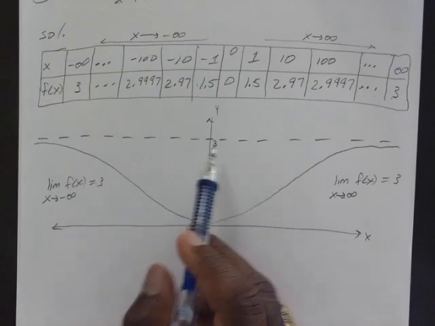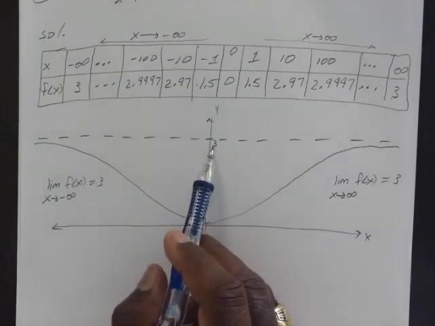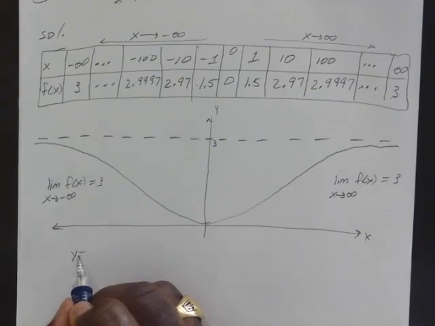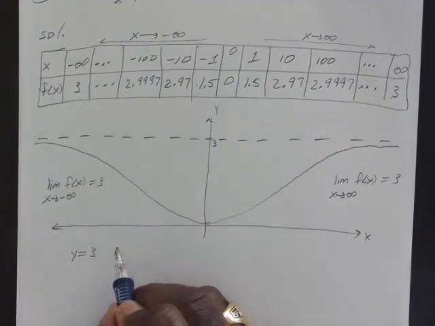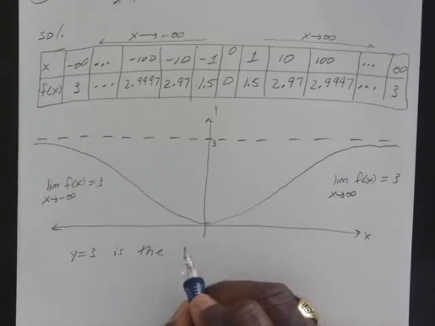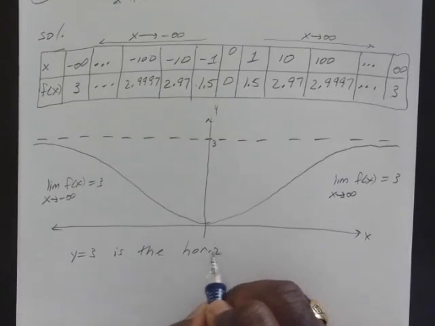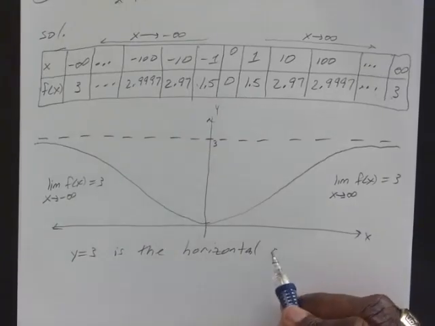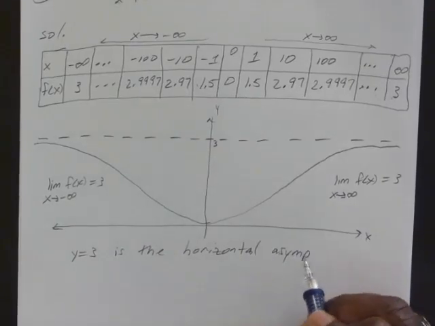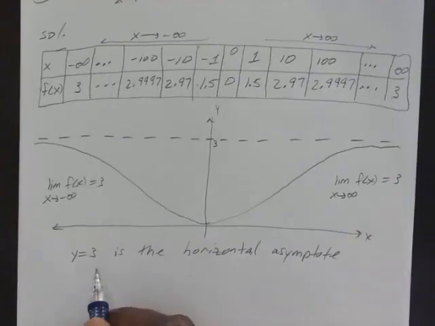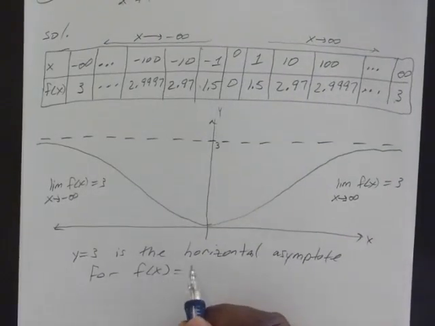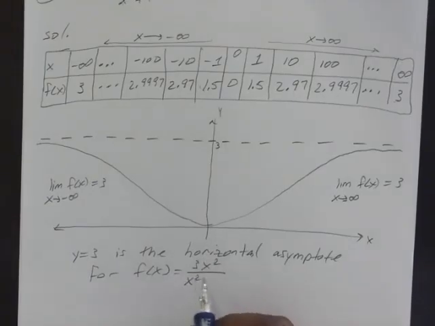Okay. Now in this case, y equals 3 is your horizontal asymptote. Horizontal asymptote. For the function f of x is equal to 3x squared divided by x squared plus 1.